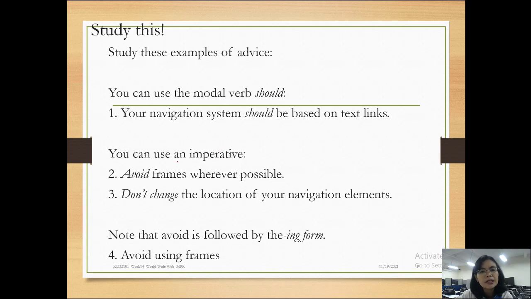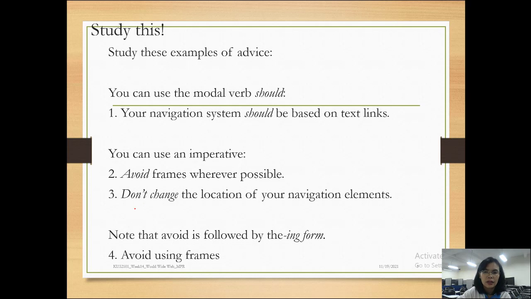Okay, and then the second one, you can actually use the imperative. If you want to use the imperative, I think we have discussed this in the first semester, when we talked about academic life. When you're using the imperative, you start with the verb first when it is positive, and when it is negative, you can start with the word don't or never.